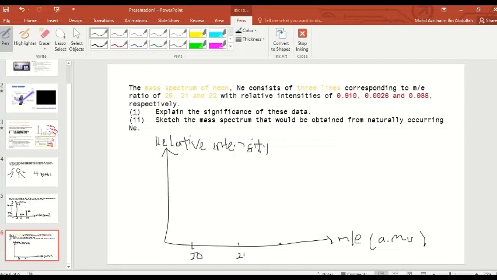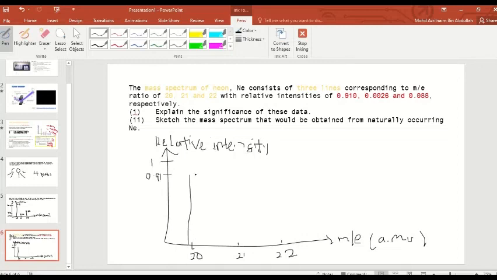Okay, and then you label lah kita punya mass kat sini. 21 isotope and 22 isotope, and then 21 0.9. Okay, katakanlah di sini 1, di sini adalah 0.91, and then label. Oh my god, tak kenal lah dia punya ni.